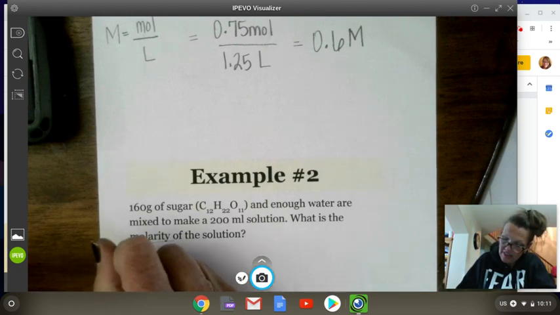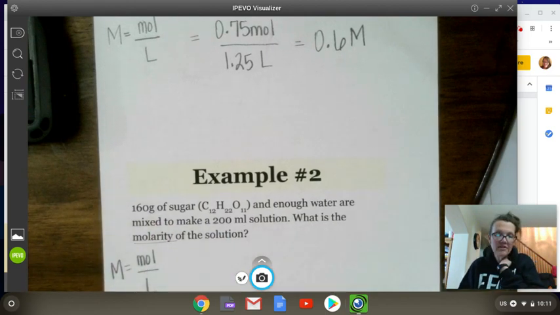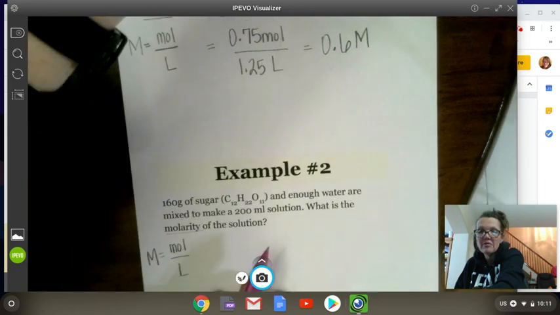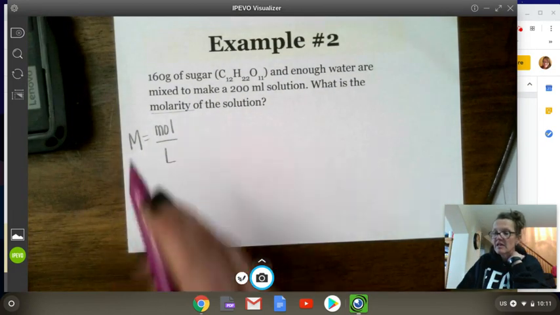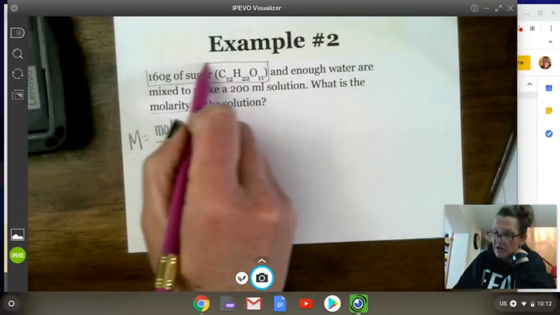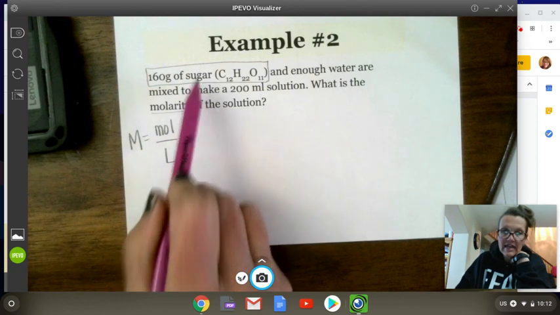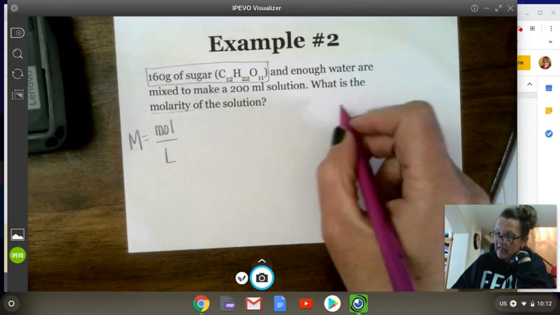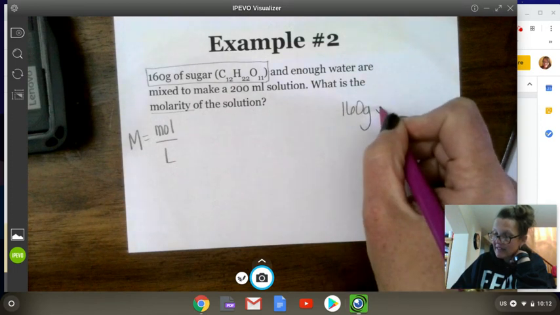Again, molarity is equal to moles over liters. And notice that I don't have moles or liters in this problem at all, right? So that means I'm going to have to do some initial calculating. I have 160 grams of sugar, which is my solute. Can I convert that to moles? Sure, I can, pretty easily, as long as you know the molar mass of sugar.